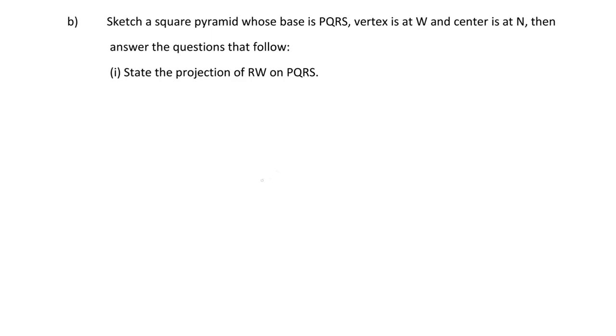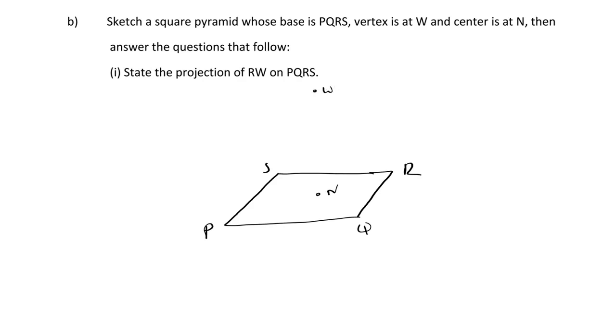We start by drawing the square base. So here is P, here is Q, here is R, and here is S, and at the center it is N. Then our vertex is going to be here, it is labeled as W as given from the question.